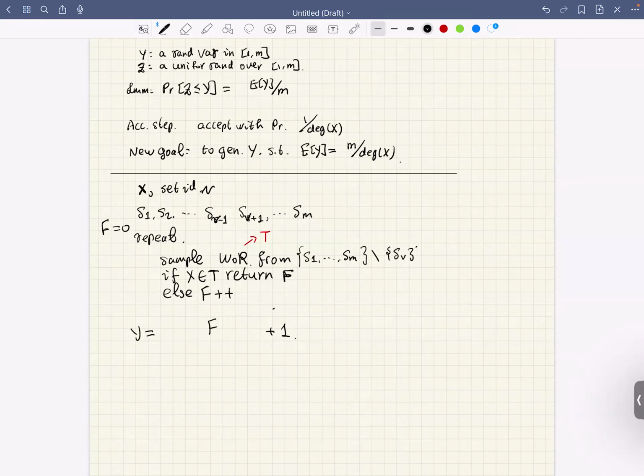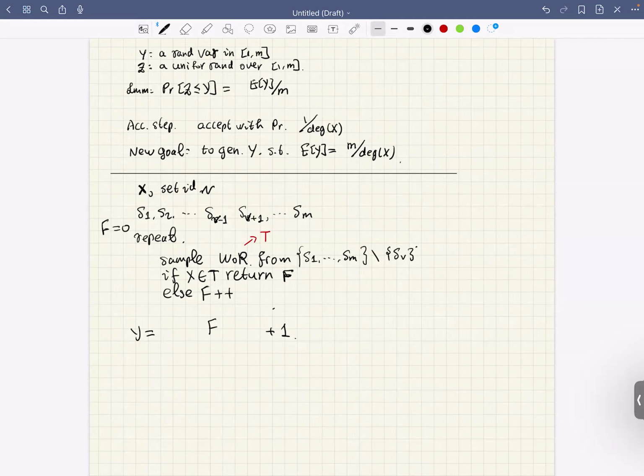And how many dollars do you pay? You pay an amount of dollars that is proportional to this. So let's compare this to the baseline solution. The baseline says I always pay M dollars. But here you pay fewer dollars if this x has a large degree.